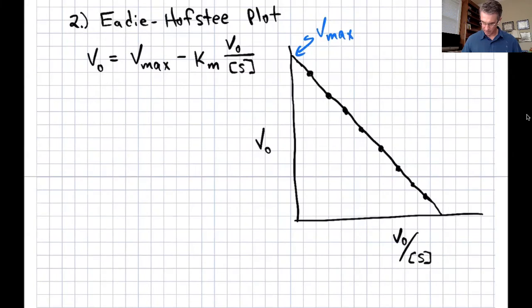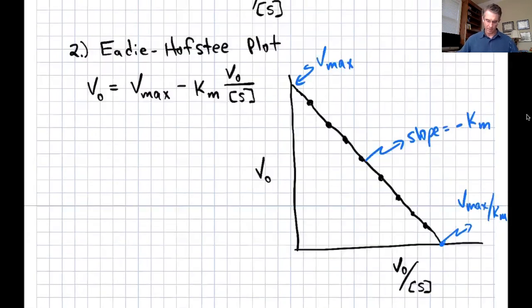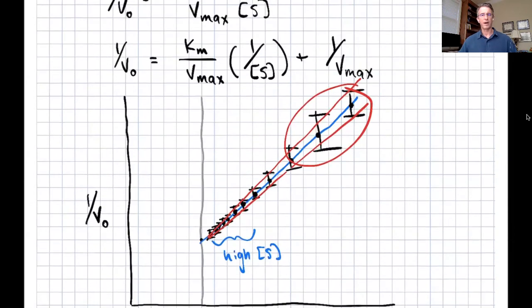And in this case, the slope is equal to minus Km, right? And your intercept here is now equal to Vmax over the Km, right?